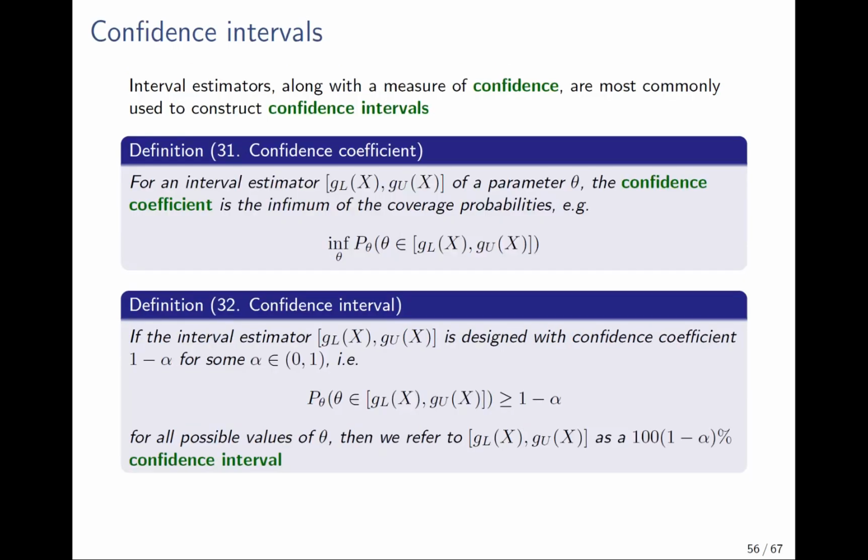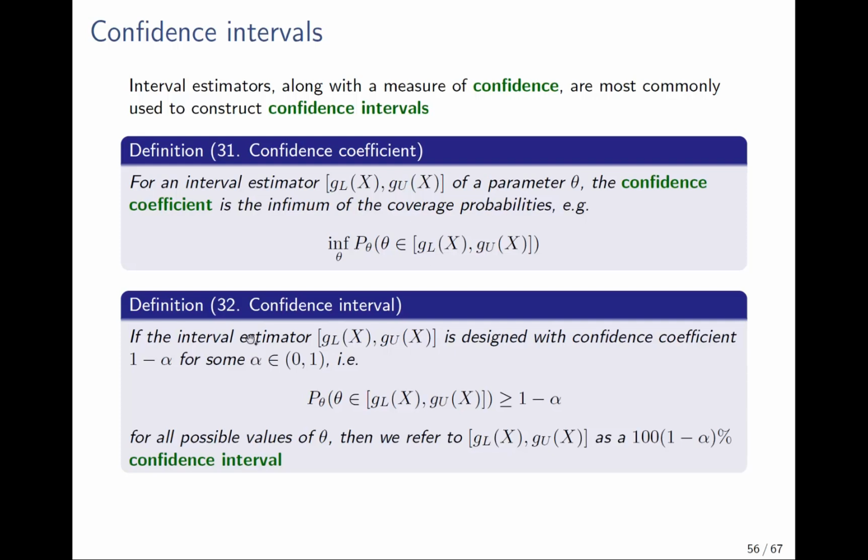Now, interval estimators, along with measures of confidence, are most commonly used to construct confidence intervals, and that's where most of you will come across this concept. Two more things we need to define first. A confidence coefficient: for an interval estimator of parameter theta, the confidence coefficient is the infimum of the coverage probabilities, that is, the greatest lower bound of this set.